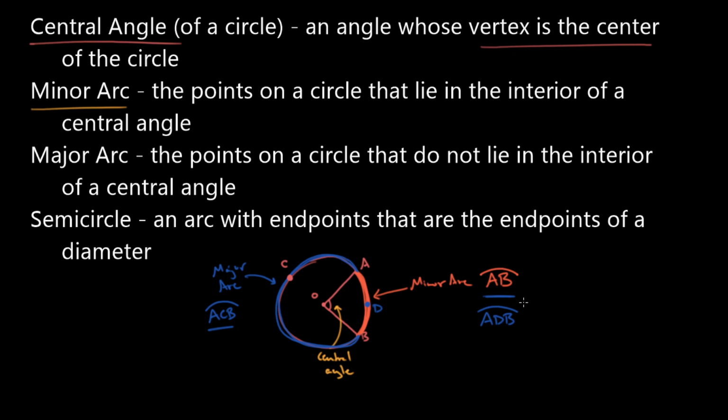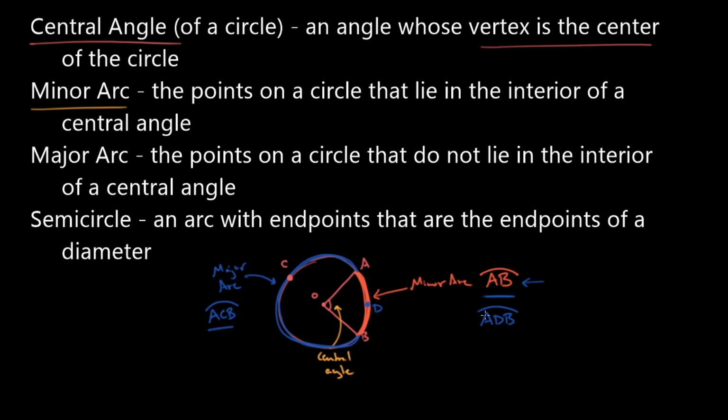It's the same thing here: AB will always be the minor arc, and if I want to refer to a major arc, I have to use 3 points, or I can refer to the minor arc using 3 points as well, just to clarify things if I really want to.